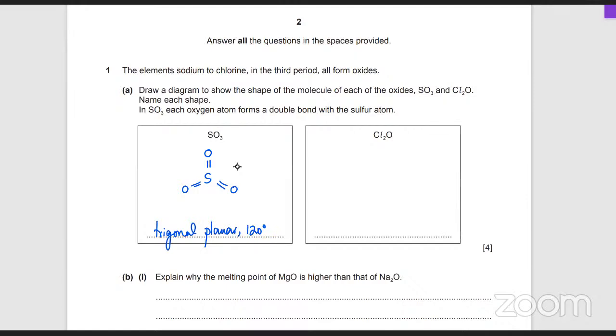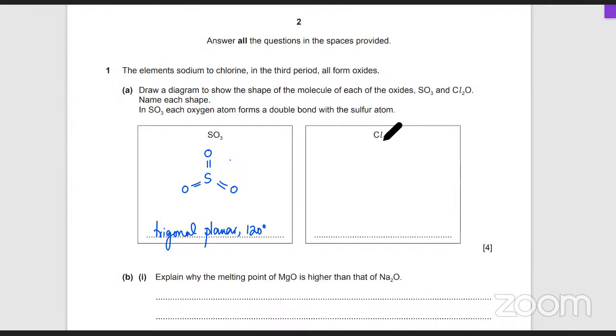अगला वाला Cl2O. What's the shape of Cl2O? यहाँ पे I'm pretty sure Cl is making single bonds with oxygen. इसकी क्या होगी? How many bonding pairs and how many lone pairs do you have?